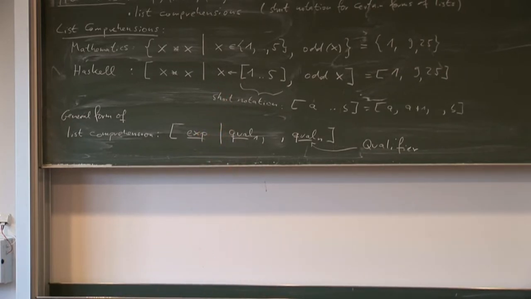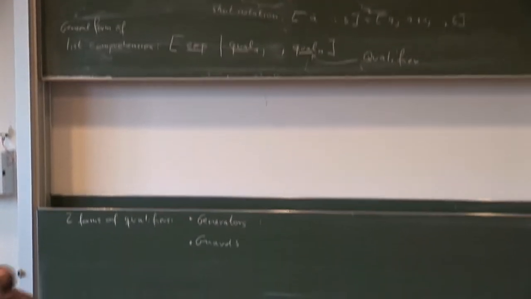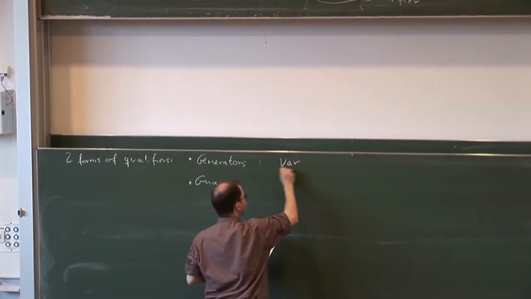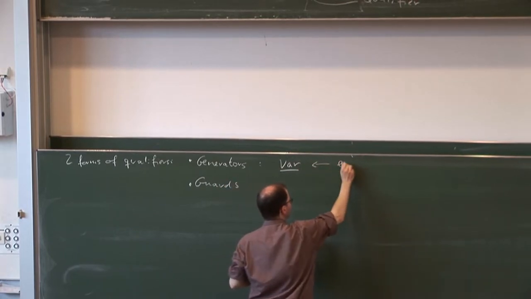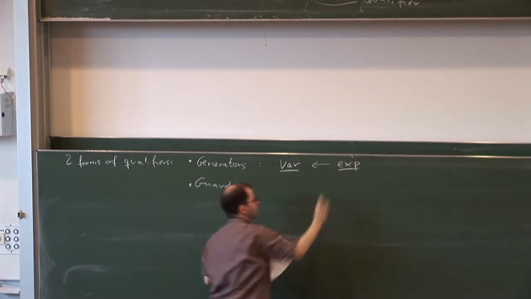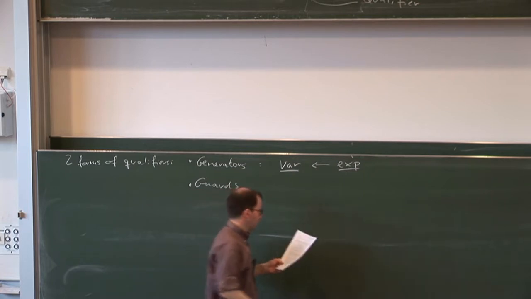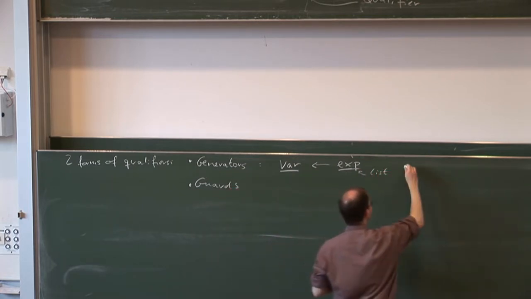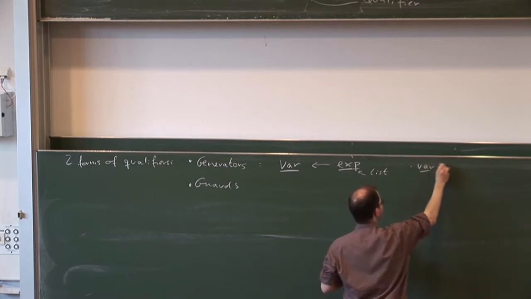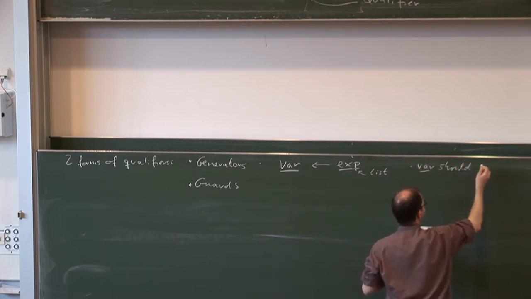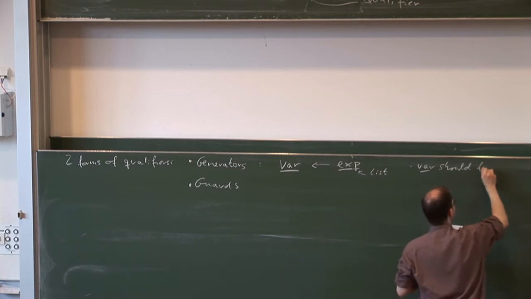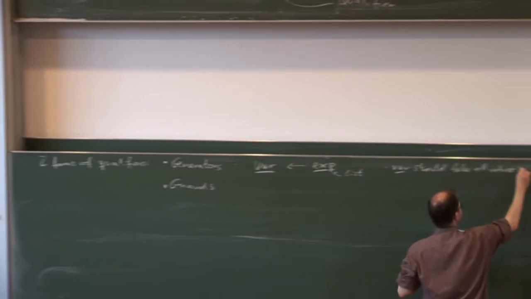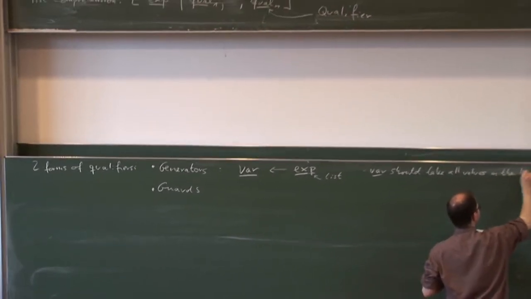The general form looks like this. Let this variable take on all values from this list. So this expression describes a list, and the meaning is the variable should take all values in the list x.